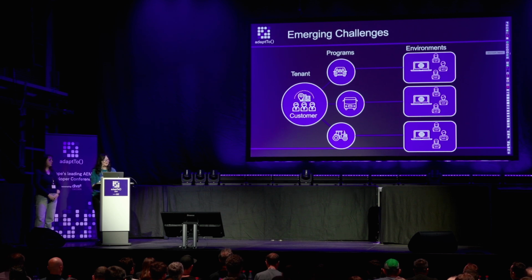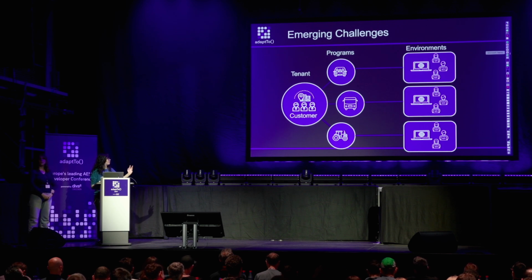companies. So in this example, with the icons, let's say we have a large automobile manufacturer, and they have different companies that manufacture personal vehicles, buses, and tractors.